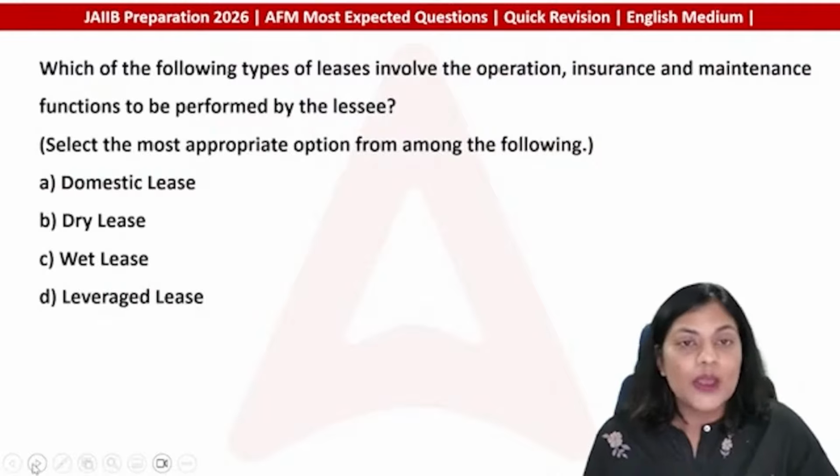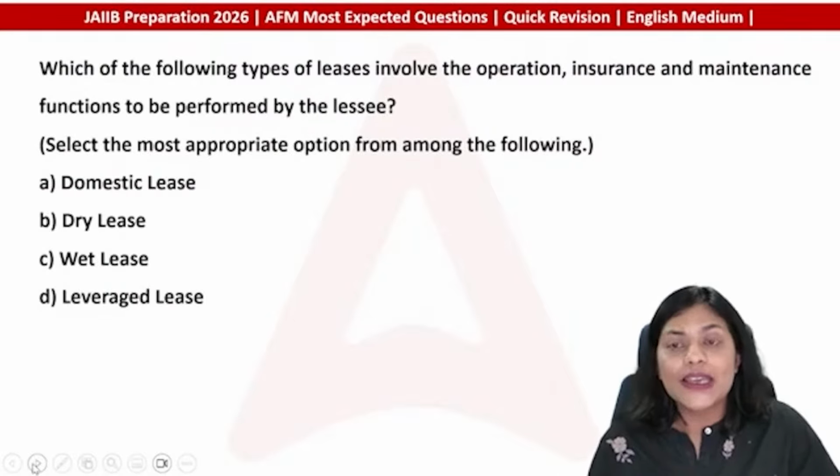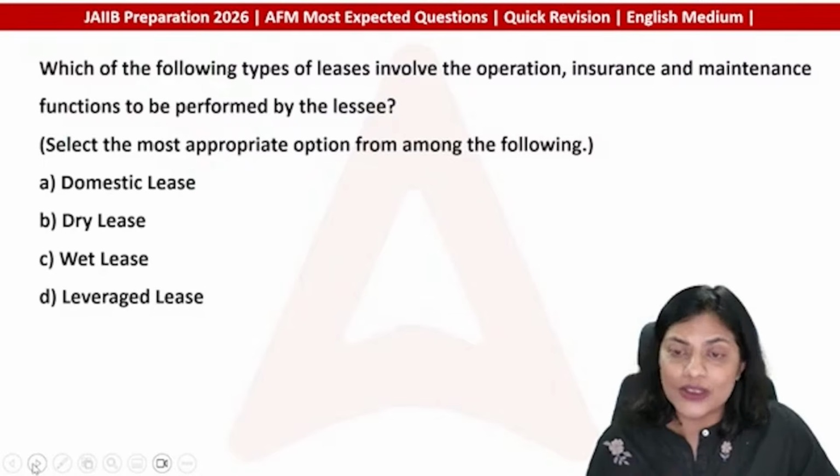Then, which of the following types of lease involves the operation, insurance, and maintenance function to be performed by the lessee? Select the most appropriate option. Domestic lease, dry lease, wet lease, or leverage lease.